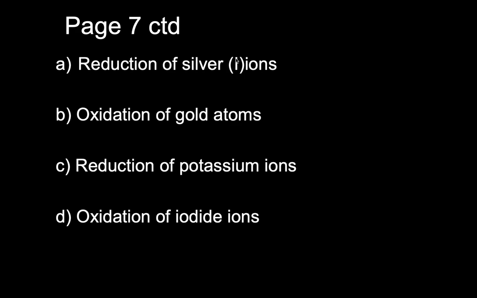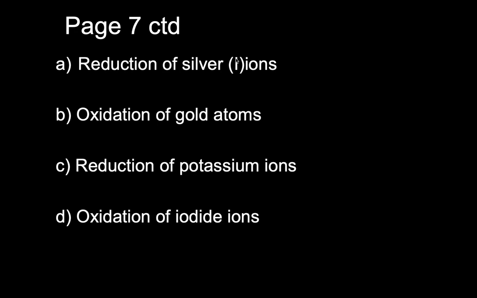Also on question 7, you are asked to write the ion-electron equations for 4 reactions. Again, pause me here, go into those ion-electron equations, come back and we will have a look at the answers.